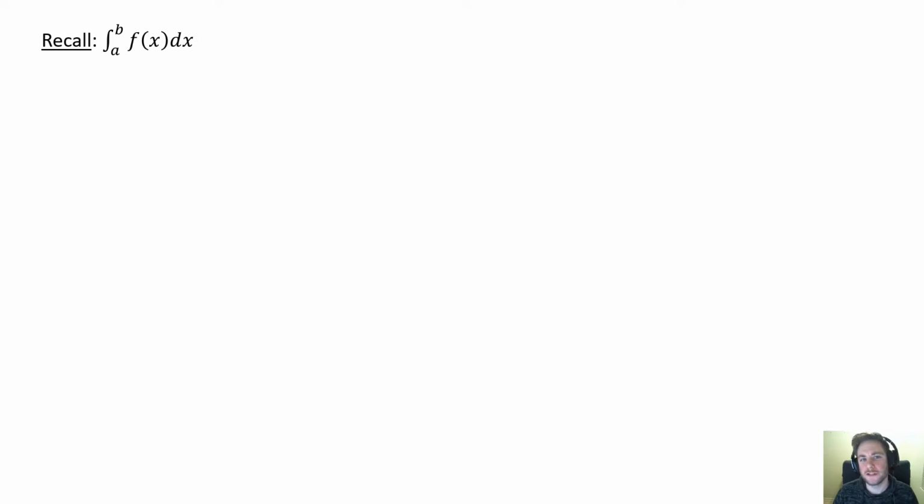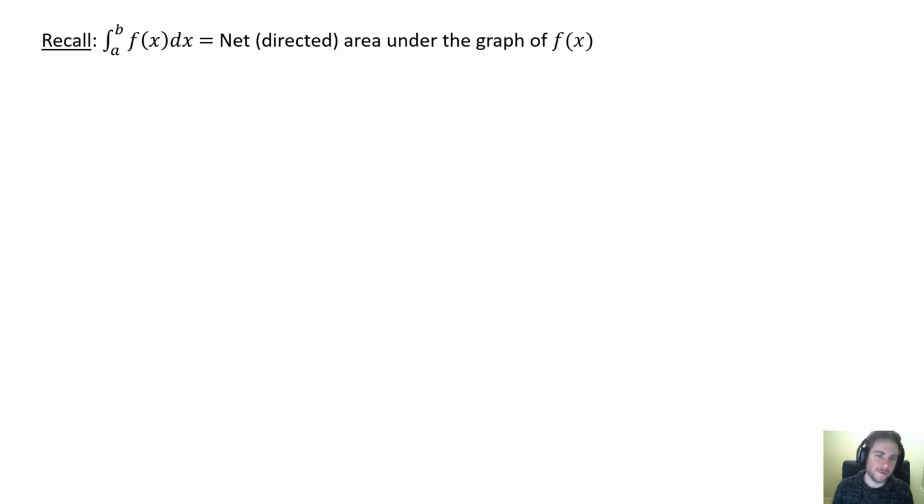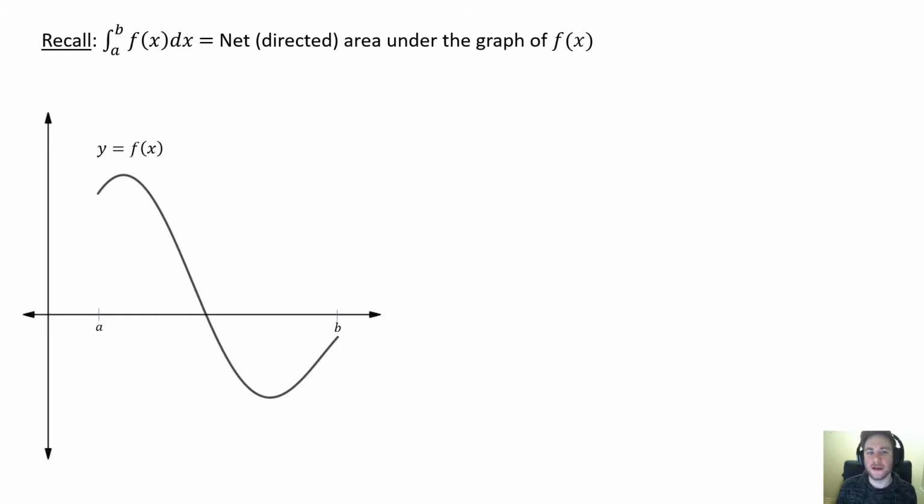First off, let's remind ourselves of some really important facts about integrals. For starters, you should have learned at some point that the definite integral of a function can be thought of as what's often called the net area under the graph. I like to use the term net directed area for reasons I'll explain in just a moment. Now, when I say area under the graph, what I really mean is area which is between the graph and the x-axis. But the definite integral doesn't actually provide us with this total area.